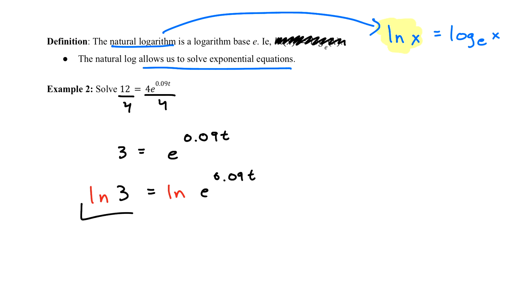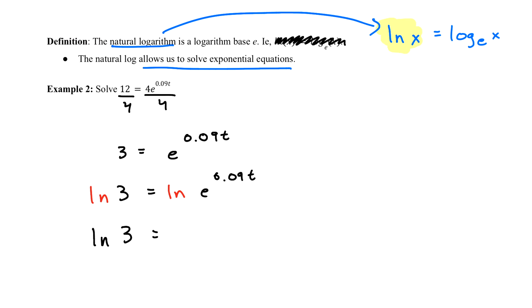Now on this left-hand side, natural log of 3, that is a number. It's an ugly number, but you can type that in a calculator and get back a big, long, ugly decimal if you wanted to use that. I'm just going to leave that as natural log of 3. On the right-hand side, though, what ends up happening?